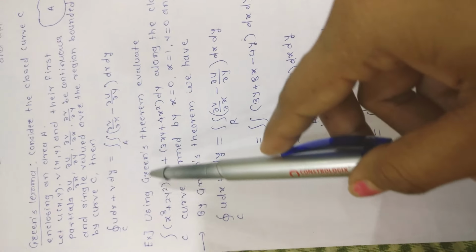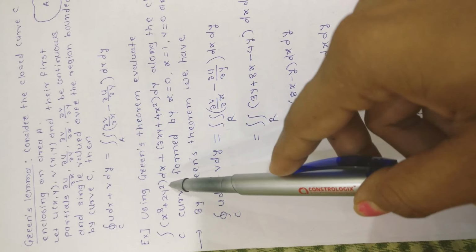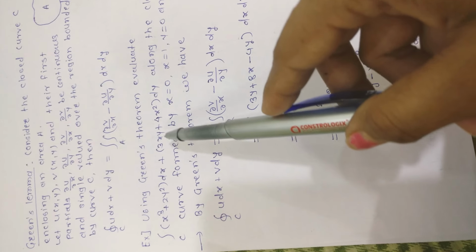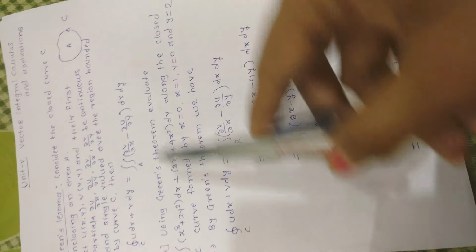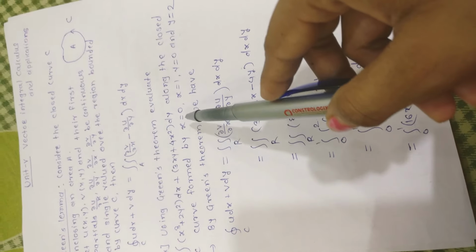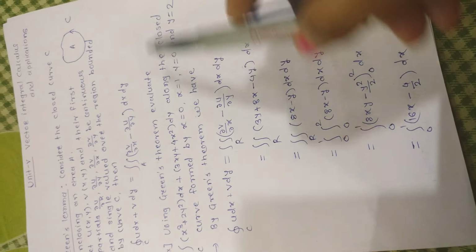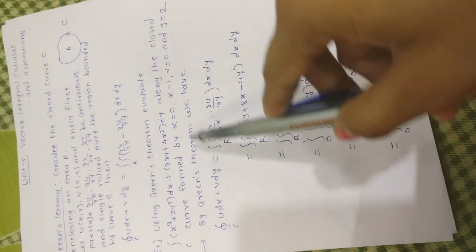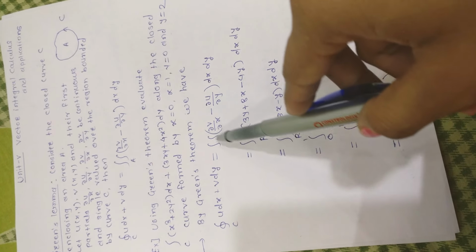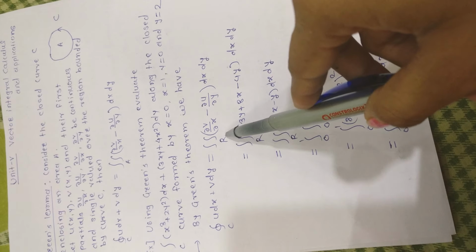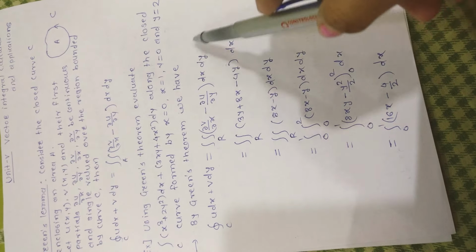First example: using Green's lemma, evaluate integration over C of x cube plus 2y square dx plus 3xy plus 4x square dy along the closed curve formed by x equal to 0, x equal to 1, y equal to 0, y equal to 2. So by Green's lemma we have integration over C U dx plus V dy is equal to double integration over area R of delta V by delta x minus delta U by delta y dx dy.